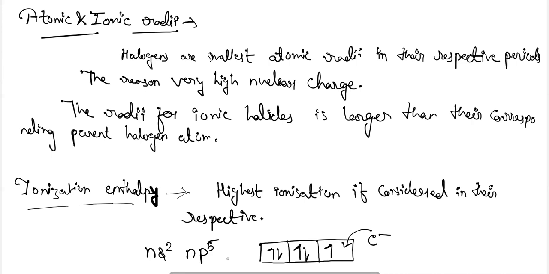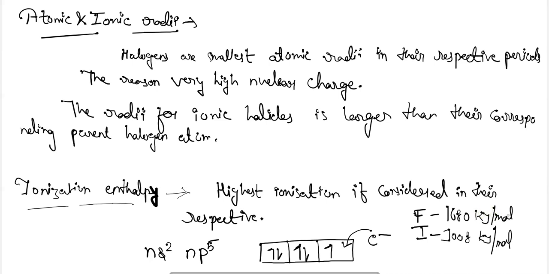And due to this reason, the ionization enthalpy in the halogens is highest. But going down in the group, due to atomic size increase, the ionization enthalpy gradually decreases, and iodine has the lowest ionization enthalpy in the group, that is 1008 kilojoule per mole, while fluorine has 1680 kilojoules per mole, which is the highest in the group.